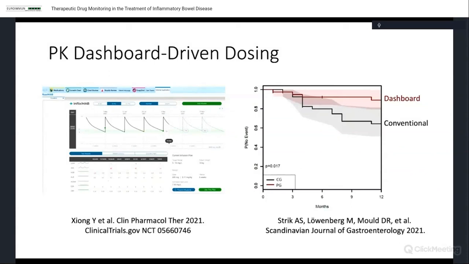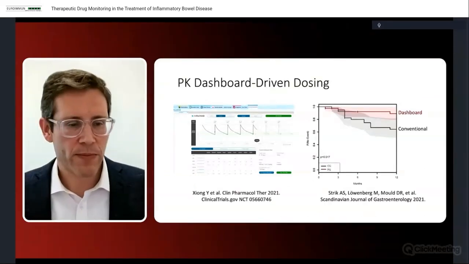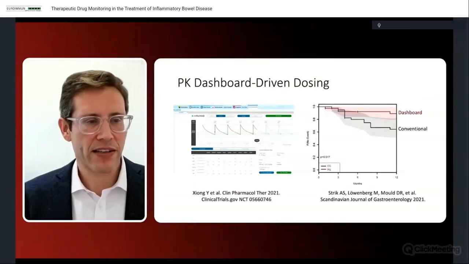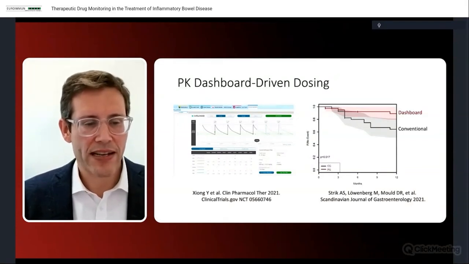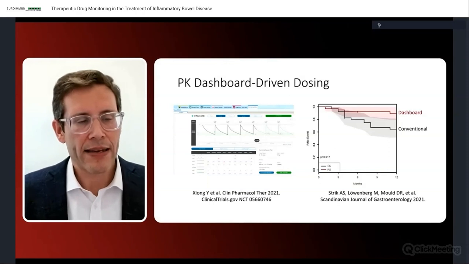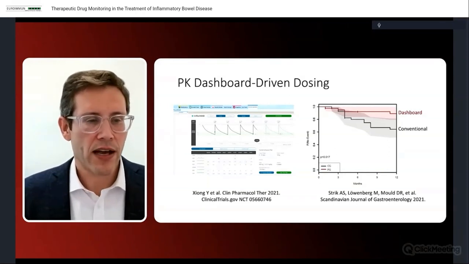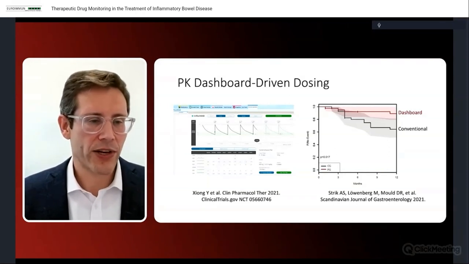Another hot topic in the realm of therapeutic drug monitoring and biologic drug management is pharmacokinetic or PK dashboard-driven dosing. And I've been privileged to be part of a group that's developed a PK dashboard that's embedded in the medical record for pediatrics.